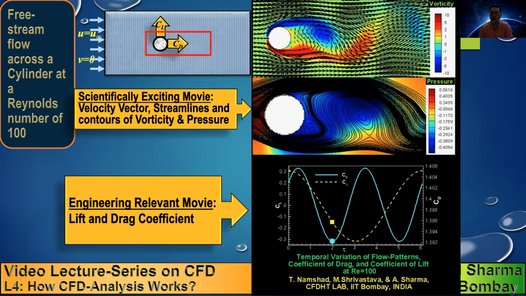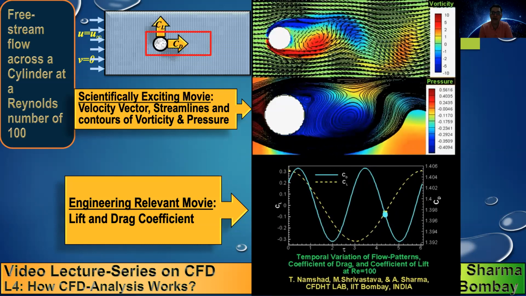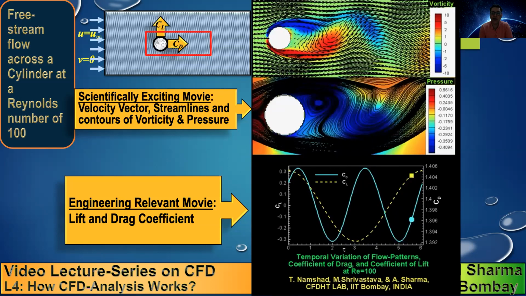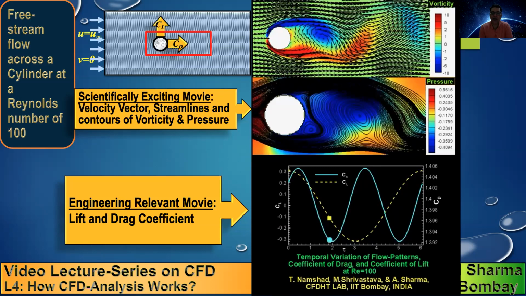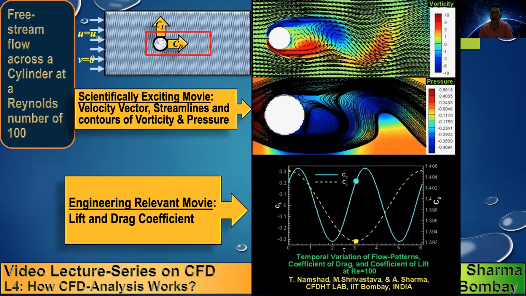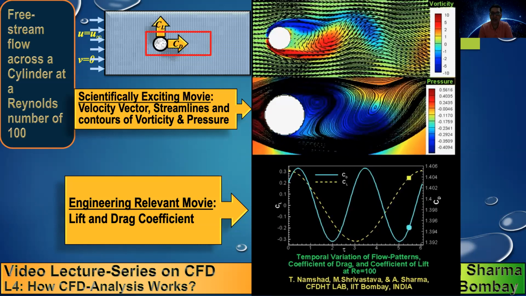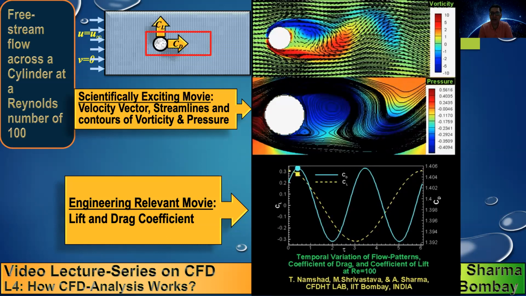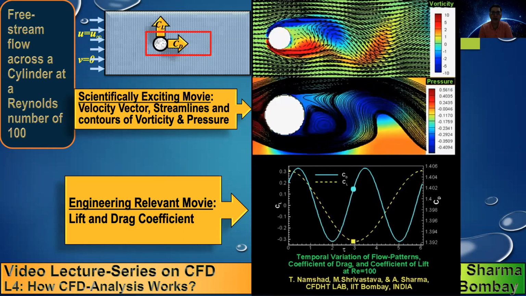So you can see from this color distribution on the front half versus rear half of the cylinder, on the front half you have larger pressure, and on the rear half you have a small pressure. Due to the larger pressure on the front half, there is a net force which acts in the flow direction and which leads to this drag force.